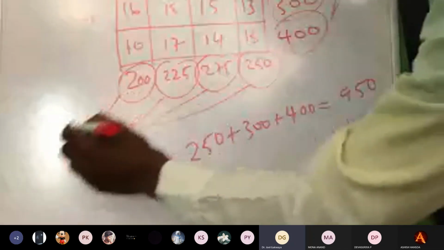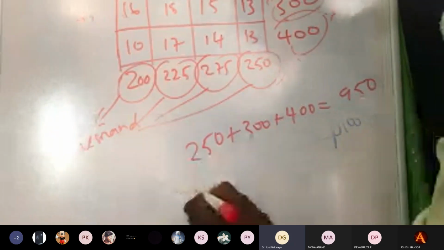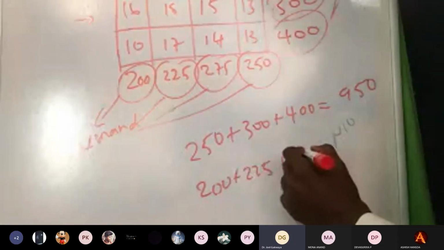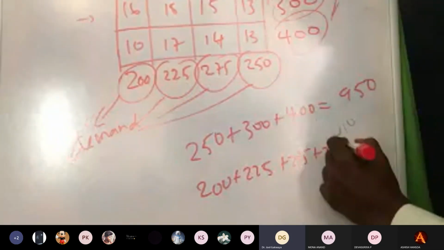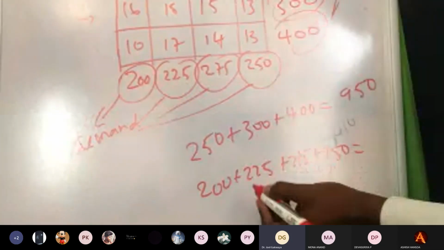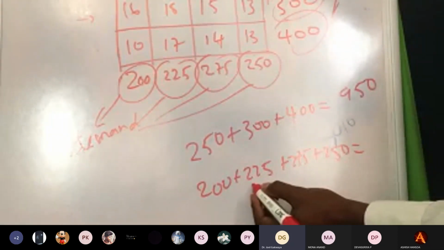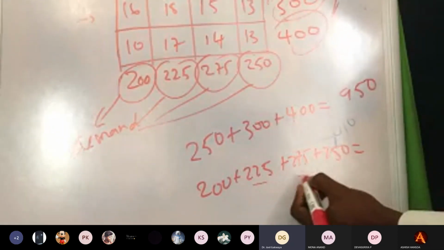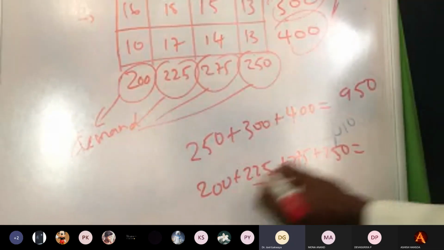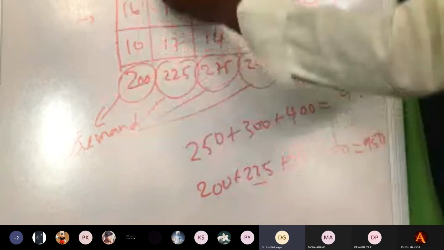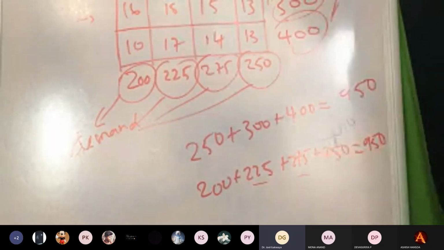Now I'm going to take the demand: 200 plus 225 plus 275 plus 250. I believe the value is the same, 950. So now you came to know that this problem is balanced.